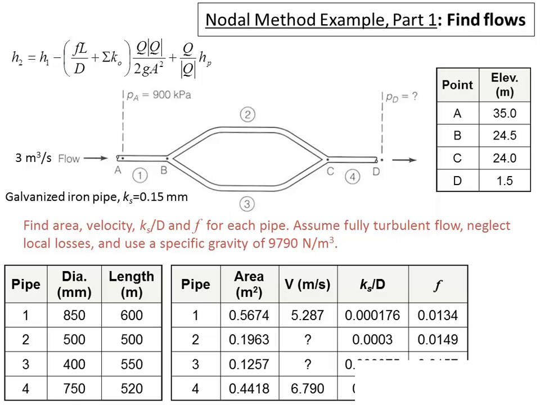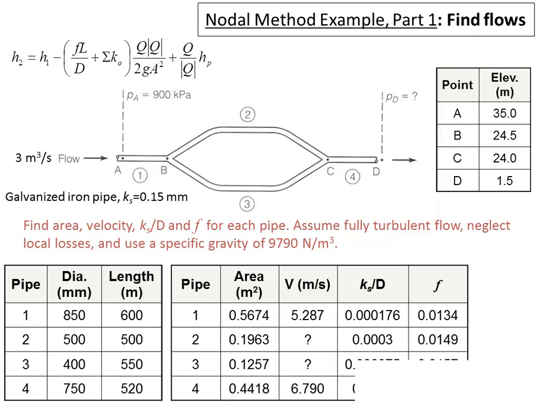If all you want to do is find the relative flow rate of 2 versus 3, it's actually simpler than starting all the way at A. You don't have to find the total head at A, then find how much losses there are at B. You can start off just by applying f2 L2 V2 squared divided by D2 2g is equal to f3 L3 V3 squared divided by D3 2g.